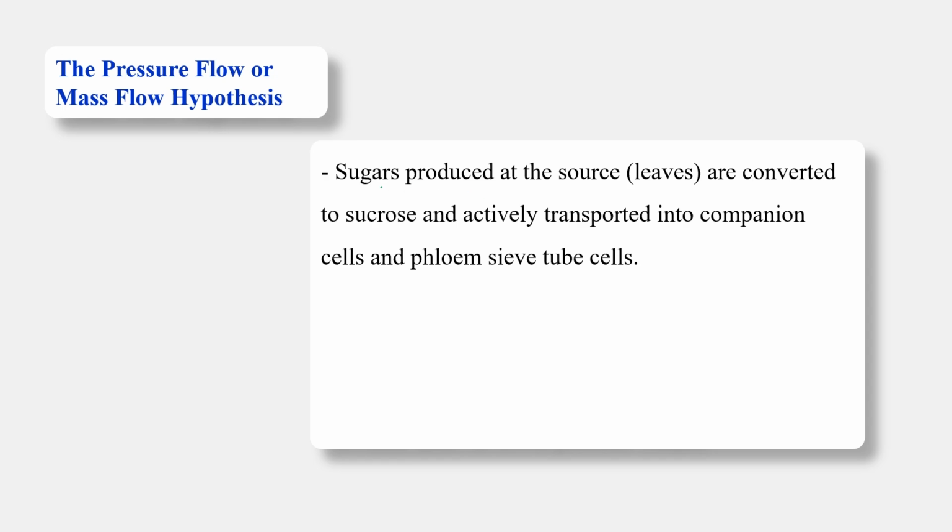The sugar which is produced by the leaf is further converted into sucrose and actively transported into the companion cell, as we just saw in that particular diagram. Sucrose is synthesized in the leaf of the plant, and very quickly actively transported into the companion cell and then further into the sieve tube of the phloem.